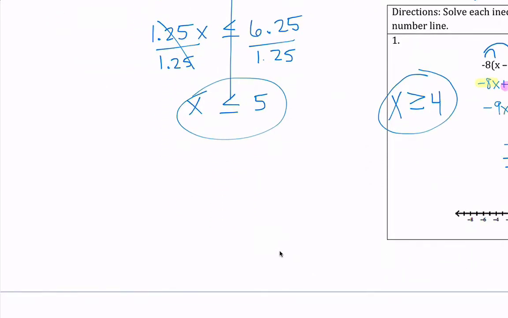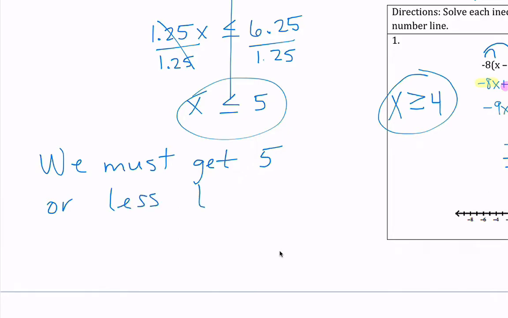So what that means is we must get 5 or less toppings.